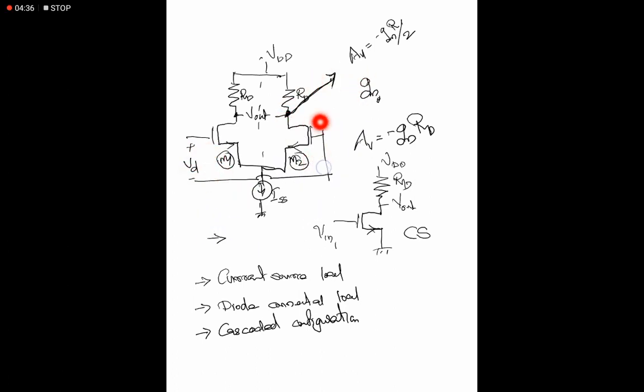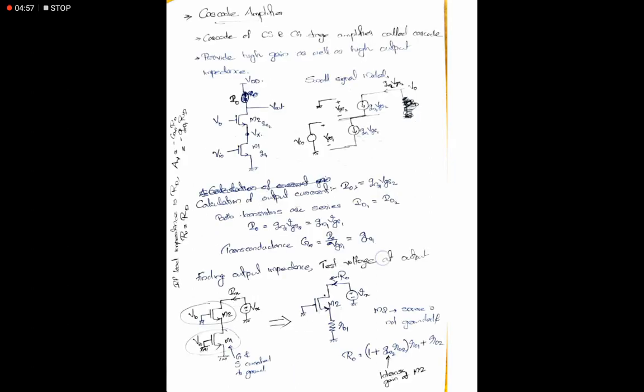How we can resolve this also needs to be discussed, but that topic we will discuss along with the operational amplifier. So in today's lecture we are going to discuss what happens if we give a current source load instead of RD, or a diode connected load, and how we can improve the gain using the cascoded configuration. These are the material notes for the same.